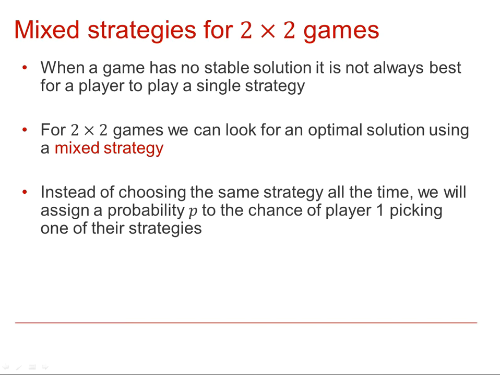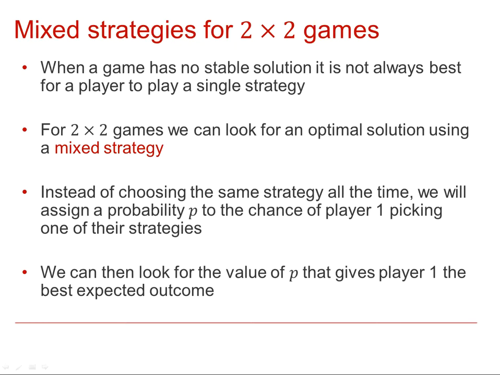Then we ask, if the other player plays each of their options, what would the gain be to player 1? Having worked out the potential gains, we say what probability p would give the best possible outcome for the player.